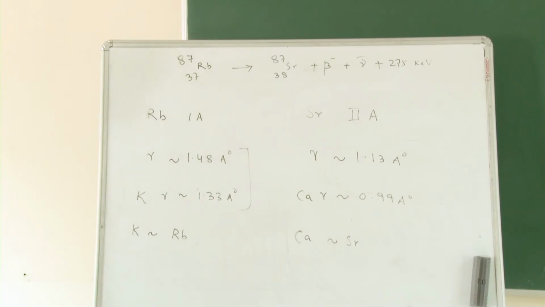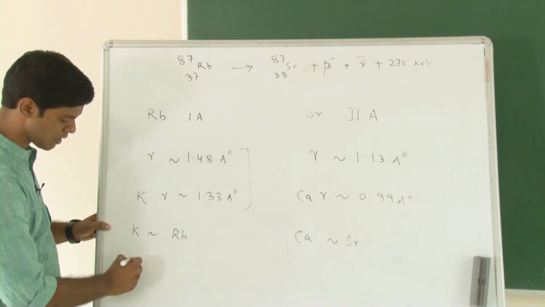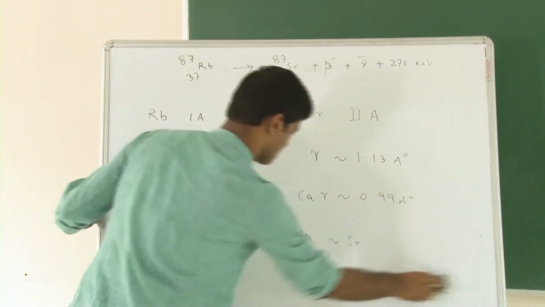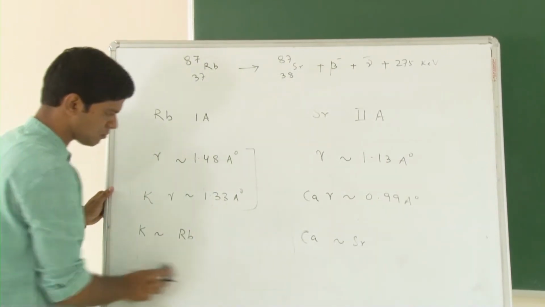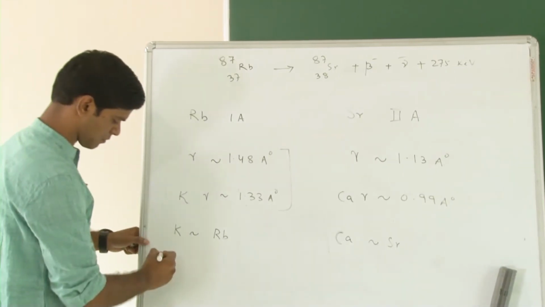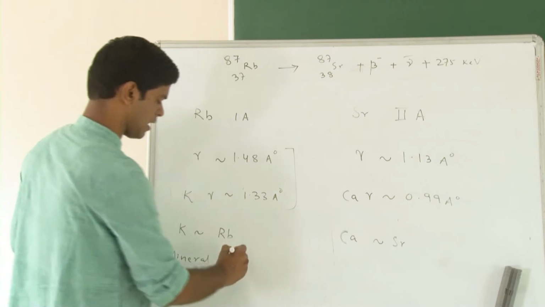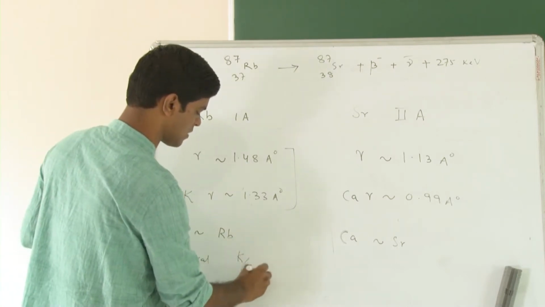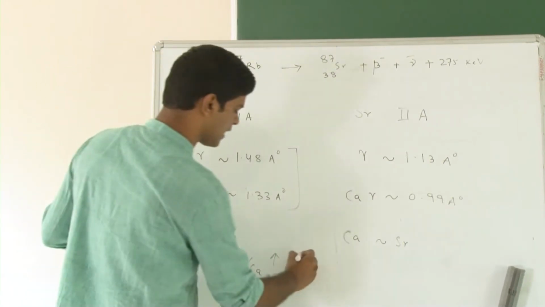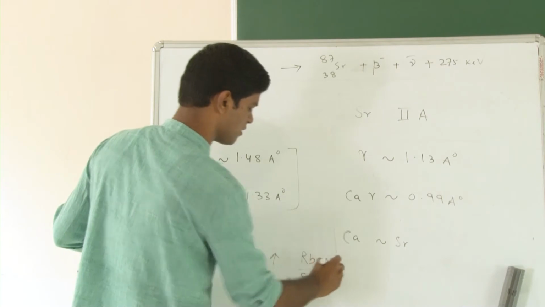So, this is obvious that if you have a mineral where the potassium by calcium ratio is very high, then you are likely to have a rubidium by strontium ratio very high.